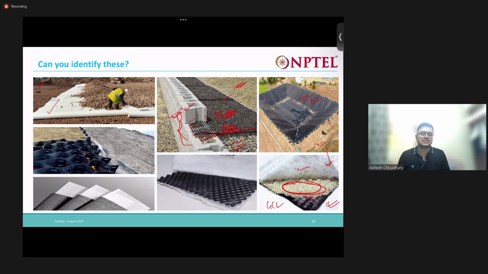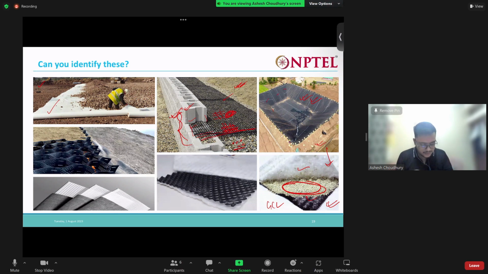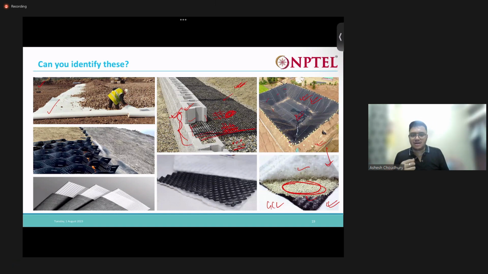Polythene is nothing but PVC and all these things. It would not allow fluid out. It is to contain liquid. Yeah, correct. So this is used to contain some harmful liquids, such as industrial waste or landfill waste.